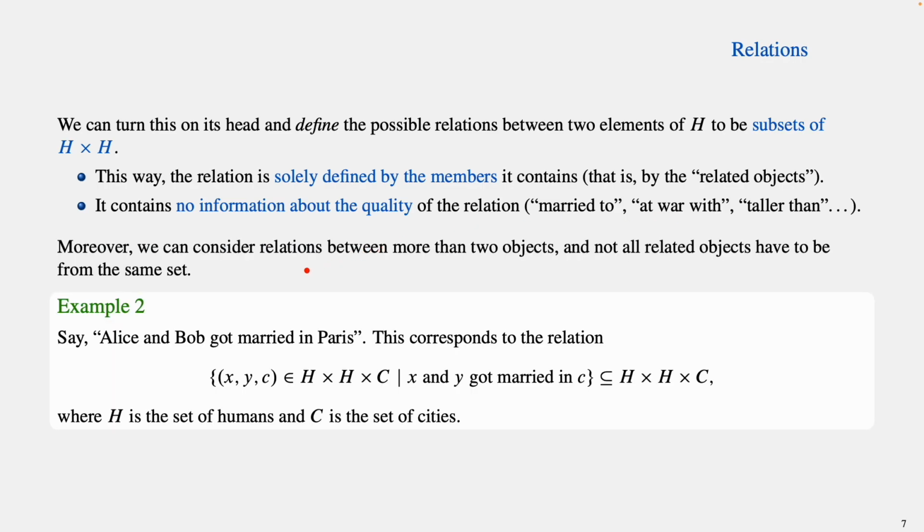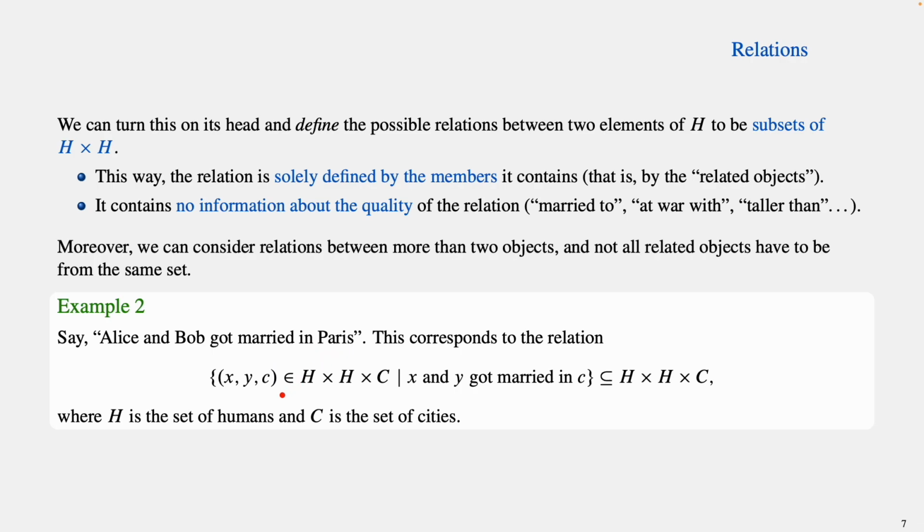And also we can consider relations between more than two objects, and not all related objects have to be taken from the same set. For example, let's say we have this relation here, Alice and Bob got married in Paris. Then again we have Alice and Bob being married, but we also have a city here.